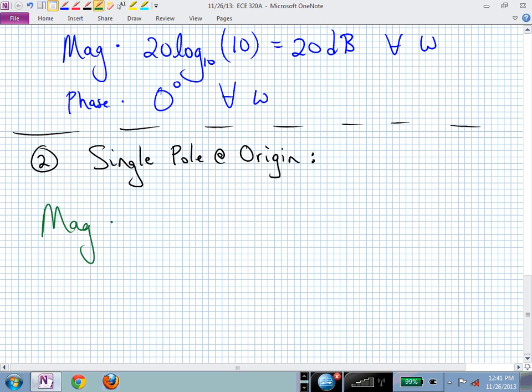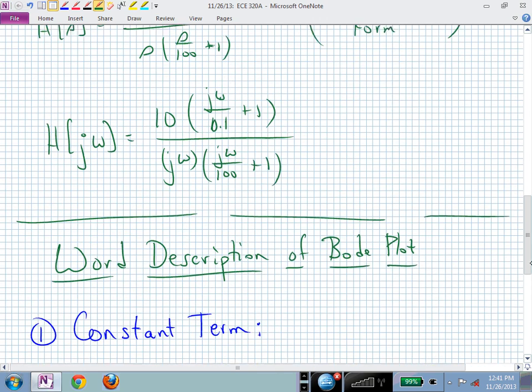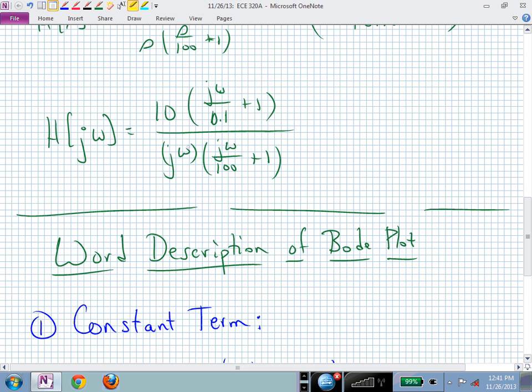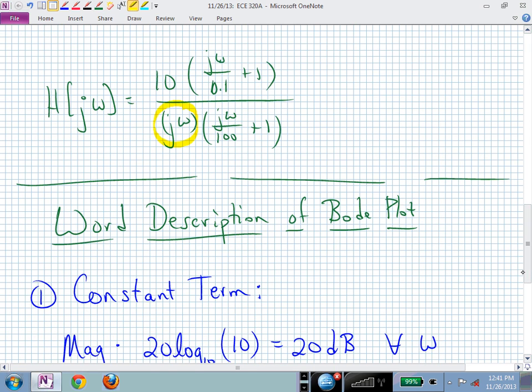The magnitude piece, if I look at this pole at the origin, what do I know about that particular term as a function of frequency omega? Where is it located? It's a pole, so it's downstairs.